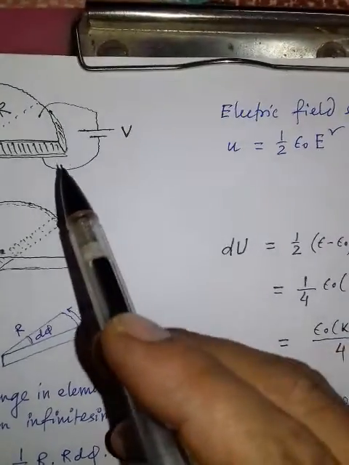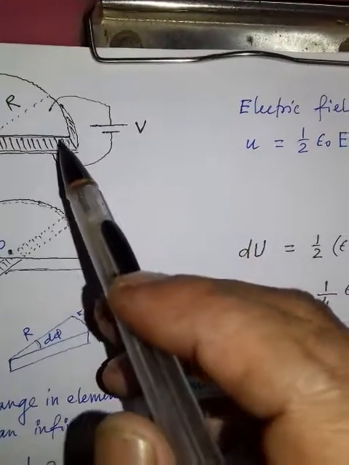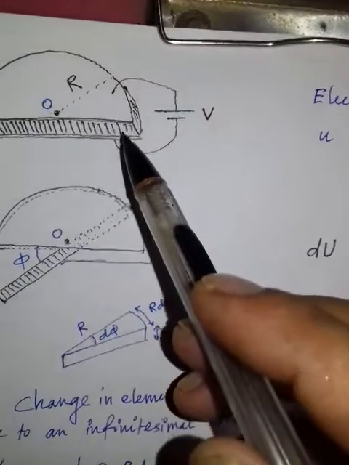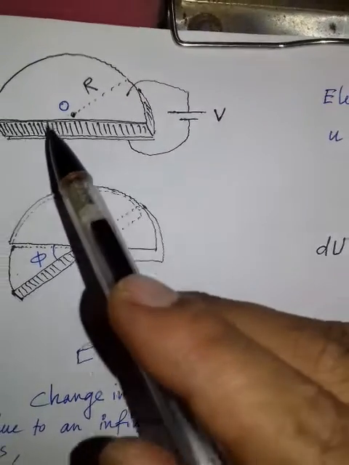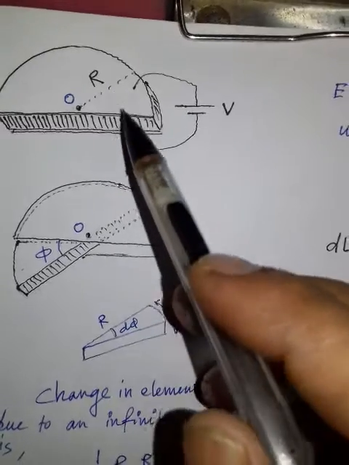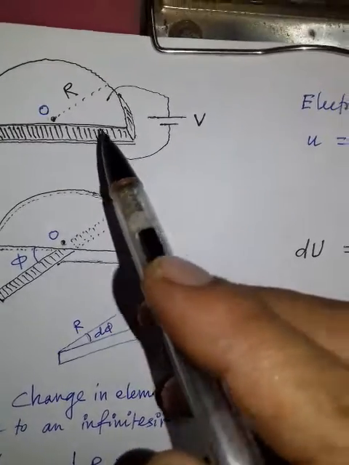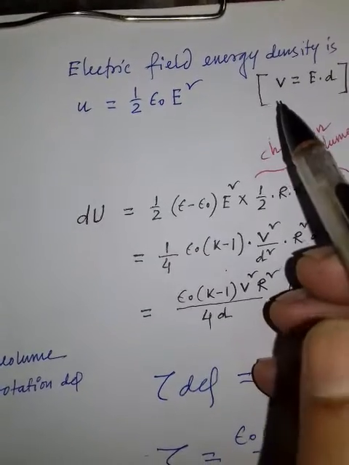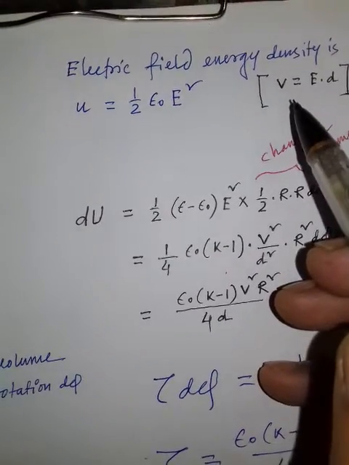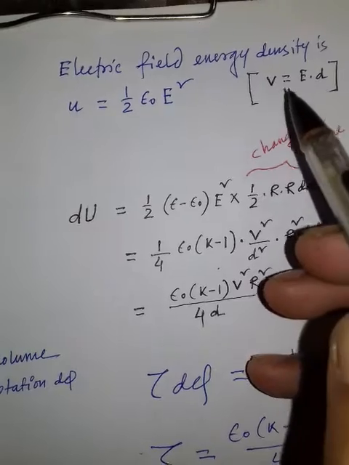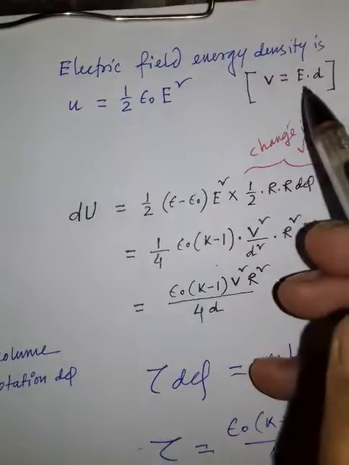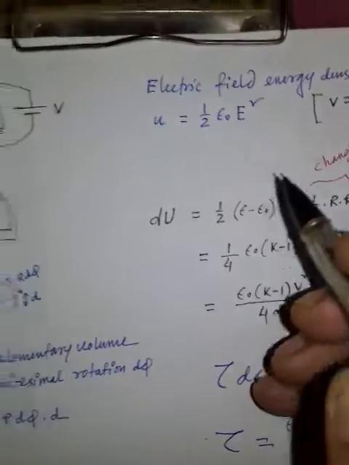Here, constant electric field fills the region within these two plates, and we know that V is equal to E d, that is, potential difference is the work done against this electric field. So V is equal to E into small d. So we have E is equal to V by d.